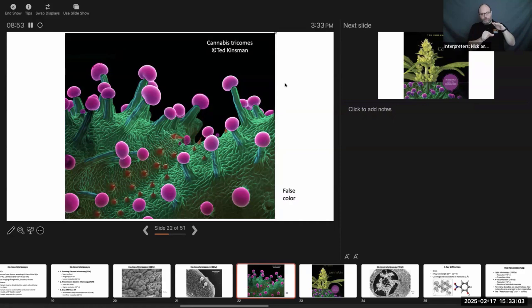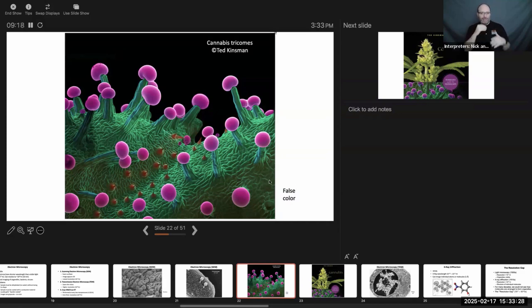And the little purple blobs are little droplets of THC, which is the active ingredient in marijuana. The plant actually exudes these little droplets of THC as an insecticide. THC is meant to kill bugs or insects so they don't eat the plant.